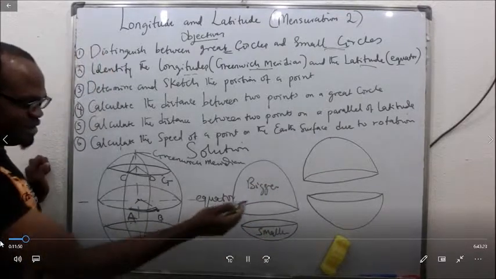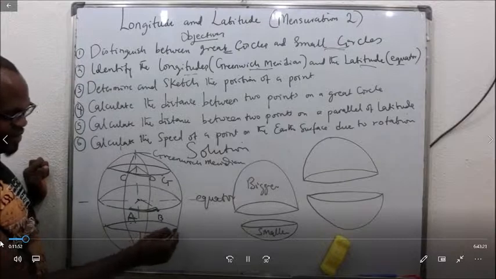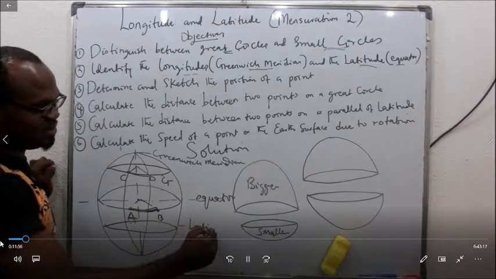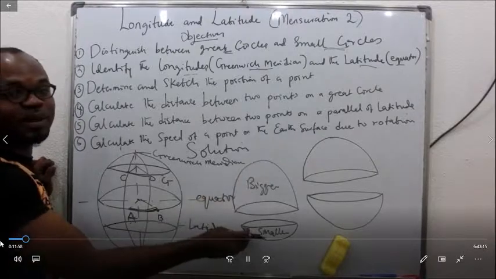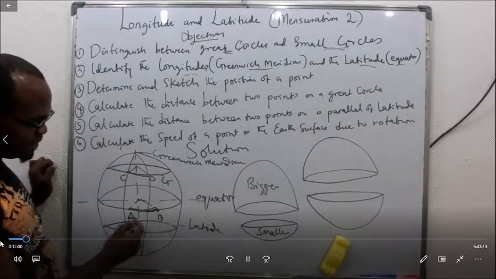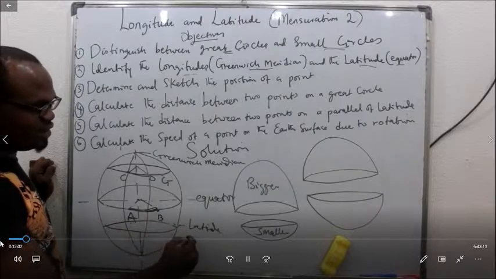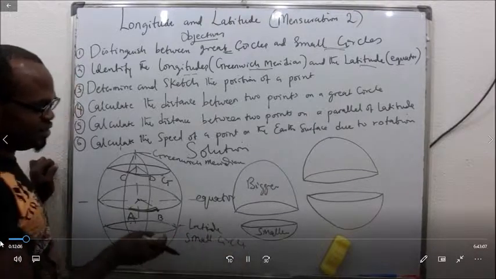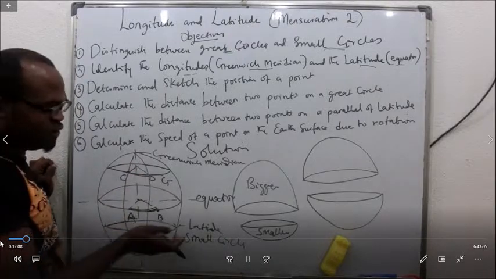So when you cut the Earth through this very latitude, you're not going to have two equal parts. So this very circle, or this very latitude, is known as a small circle, because you cannot get two equal parts of the Earth when you cut through it.